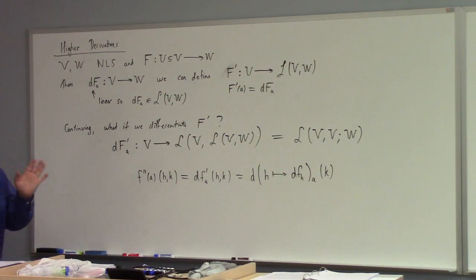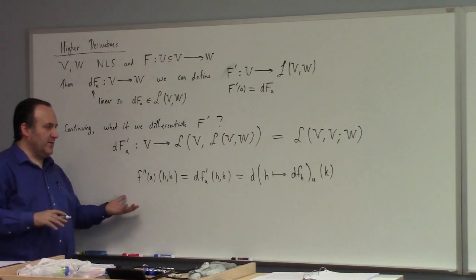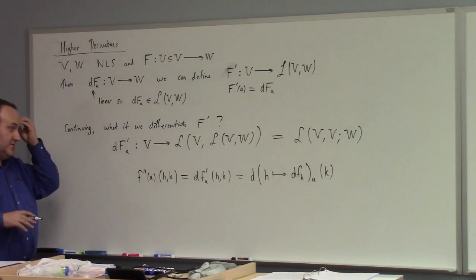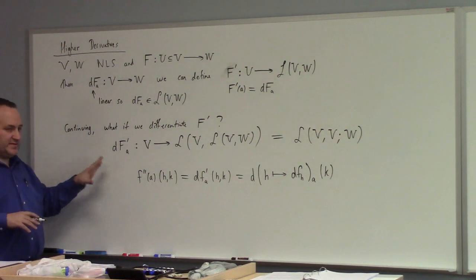So anyway, long story short, basically when you study this more systematically, and I'm not going to do that in here because that's not really what we're after, you end up with the viewpoint that to understand higher derivatives of a function of normed linear space, you end up looking at symmetric multilinear functionals.